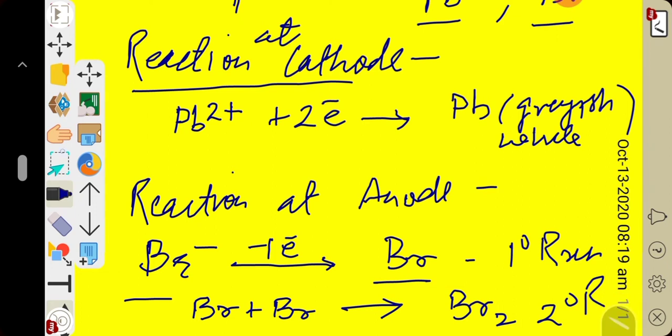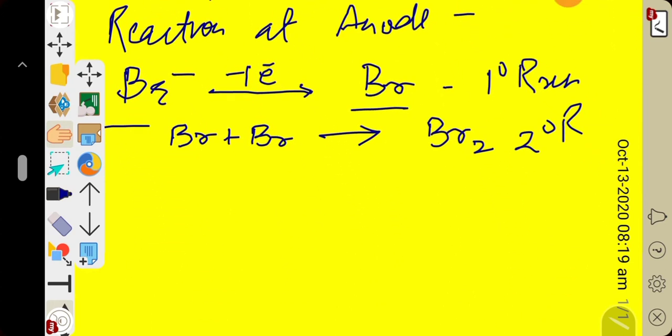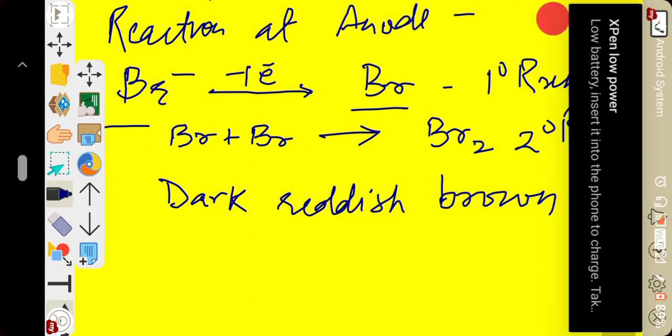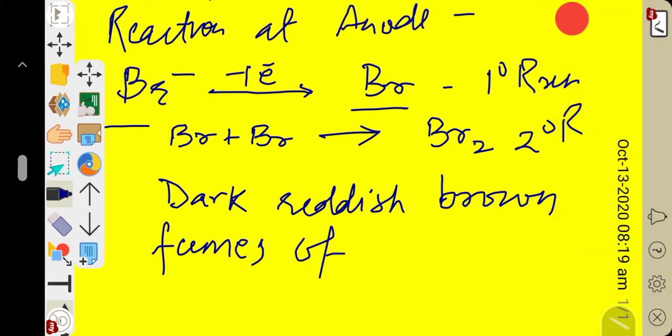In this way, at the anode, dark reddish brown fumes of bromine evolve.